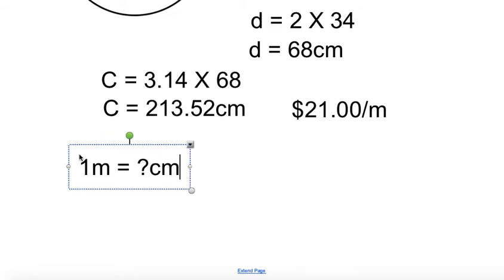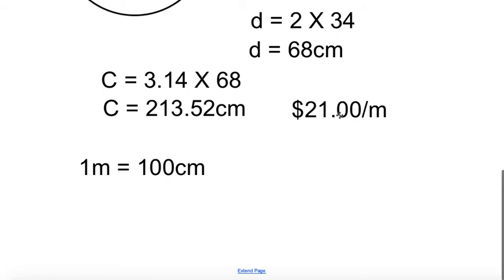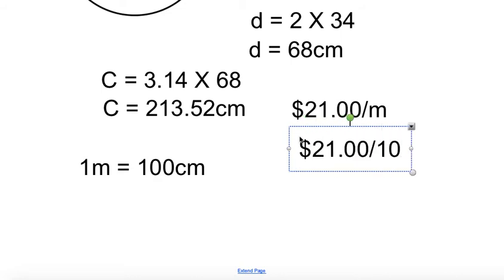And if you're not sure, you have to look it up. There's 100 centimeters in 1 meter. So I could change this a little bit, so it reflects that this is $21 per 100 centimeters, because I know a meter is 100 centimeters.